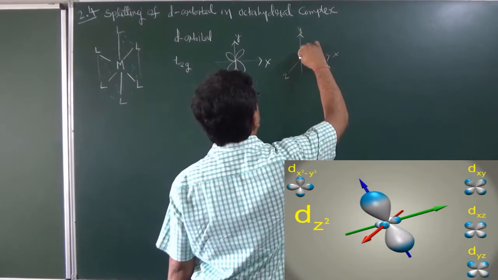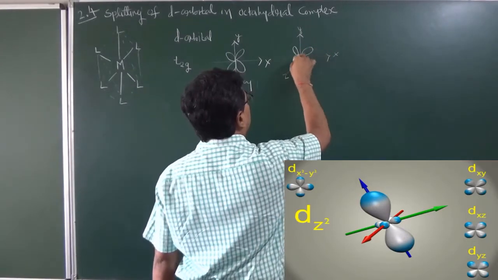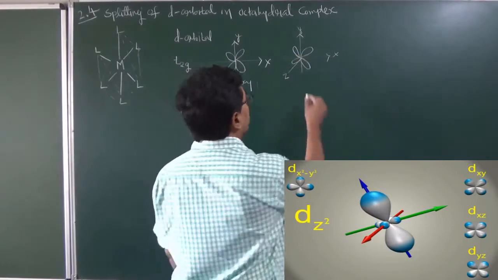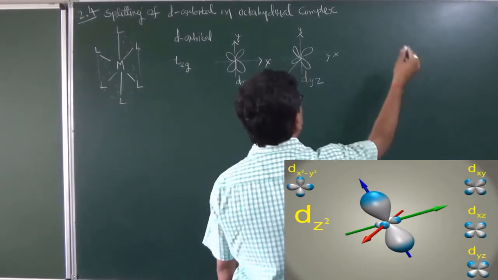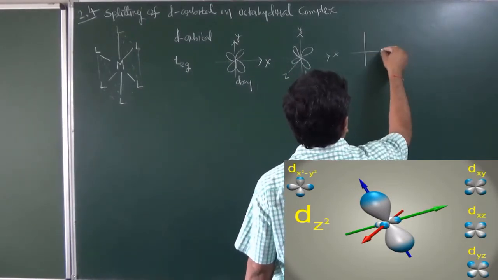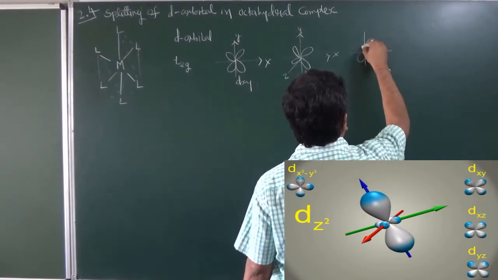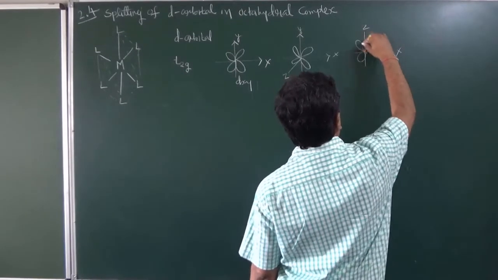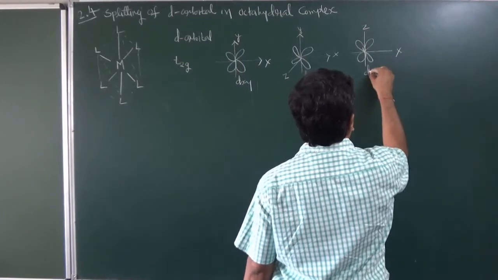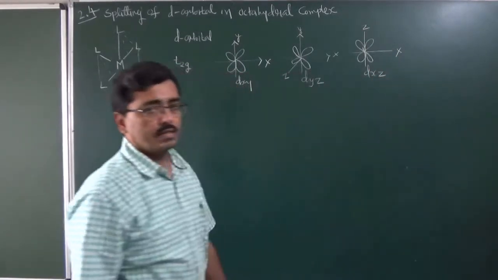Suppose lobes are present in between the y and z axis, then it is known as dyz. And if lobes are present in between these axes, suppose मैं यहाँ पर लिख लेता हूँ x axis और ये z axis कर देता हूँ मैं, lobes are present in between, then it is considered as dxz.